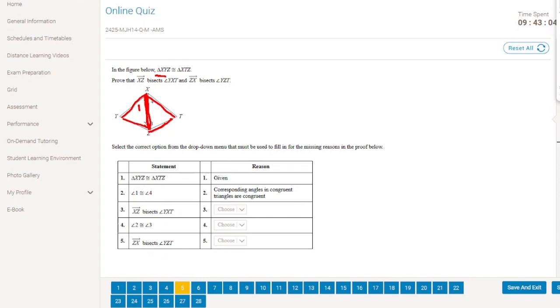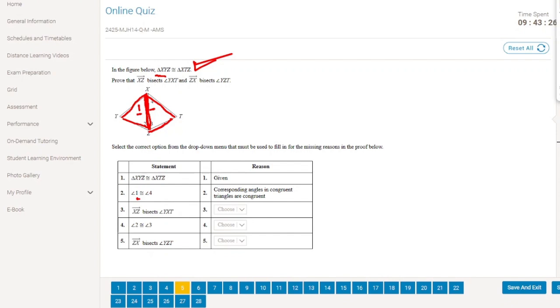Now, here, triangle XYZ congruent with XTZ, it's a given. Yes, we already given in the question. Now, angle 1 and angle 4 are congruent, and this is corresponding angles in the congruent triangles are congruent.